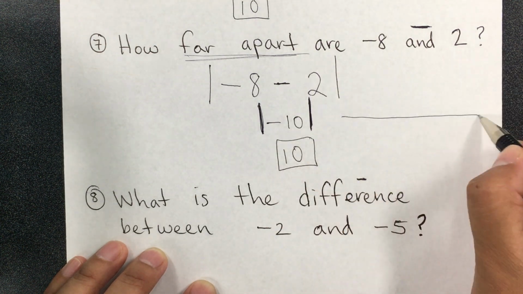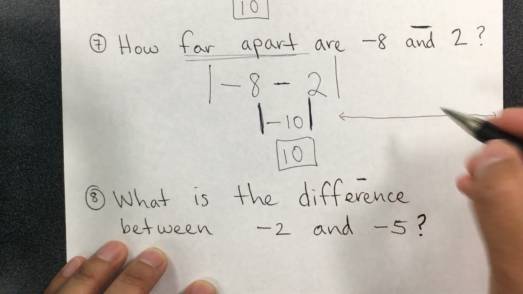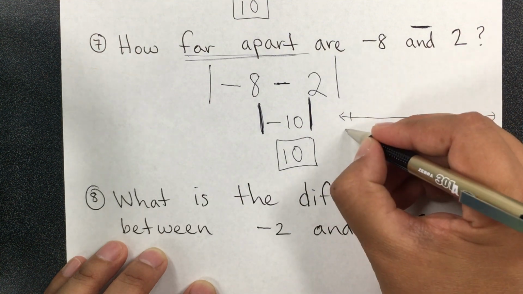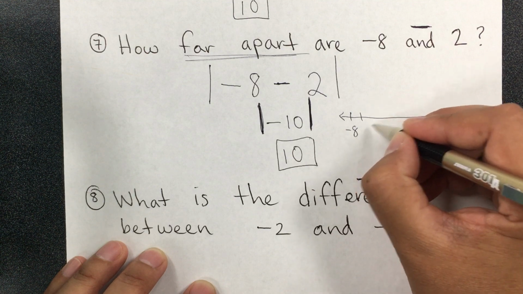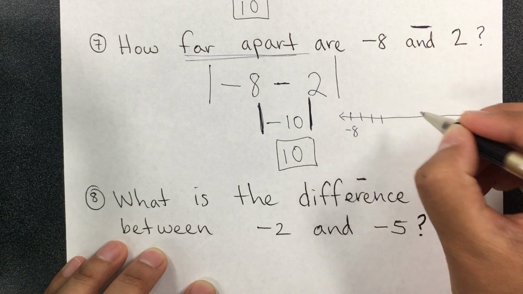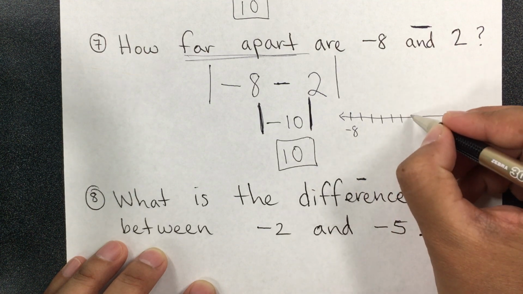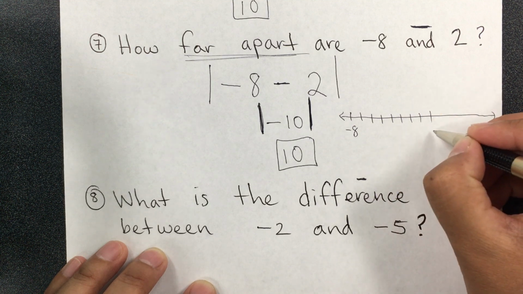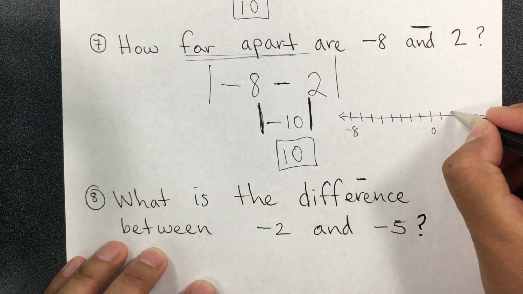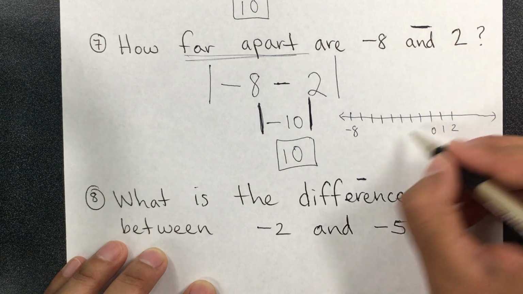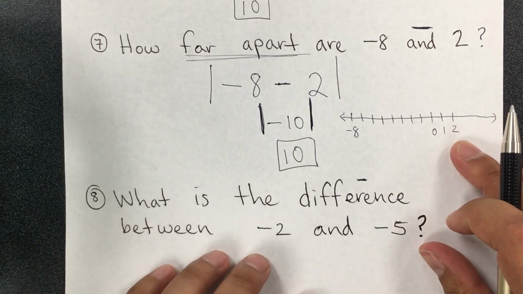Now let's look at the number line to see if it's true. So you have -8, -7, -6, -5, -4, -3, -2, -1, 0, and then 1, 2. Okay, I'm not going to write the other numbers, but you get the idea.